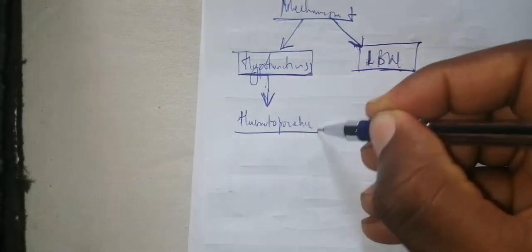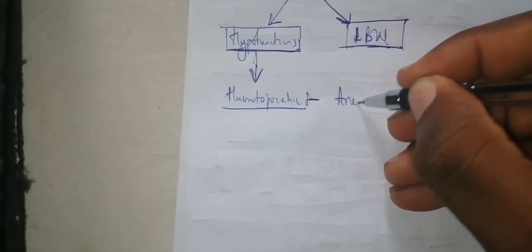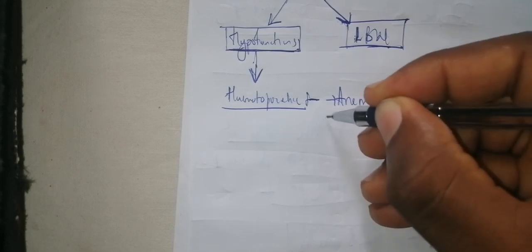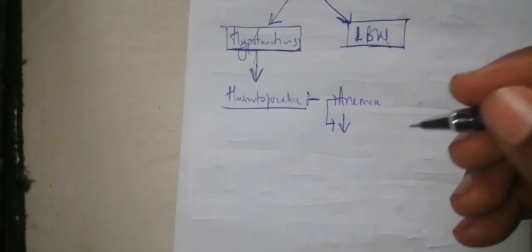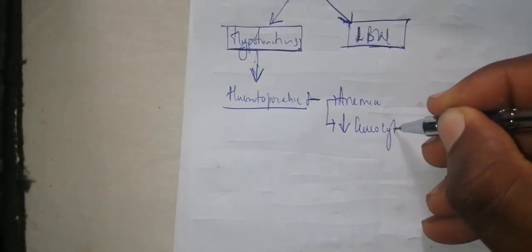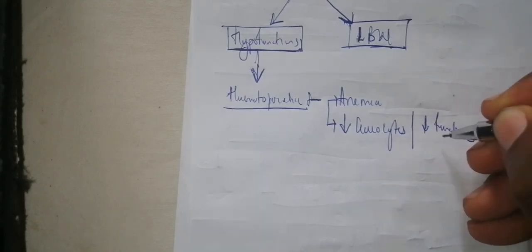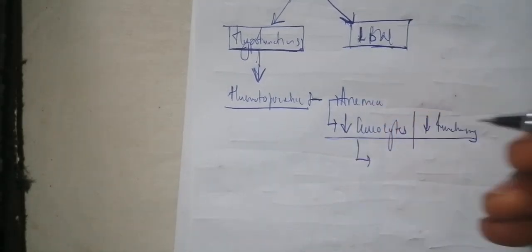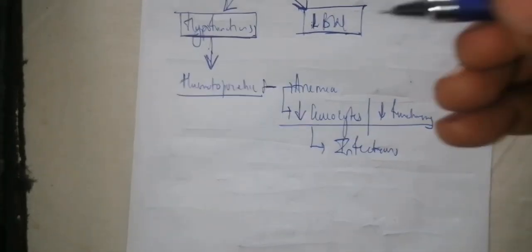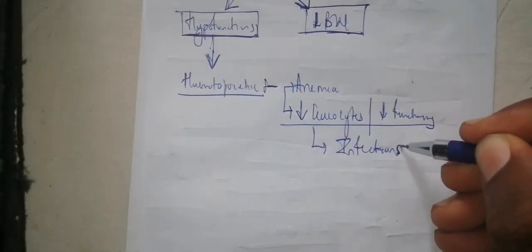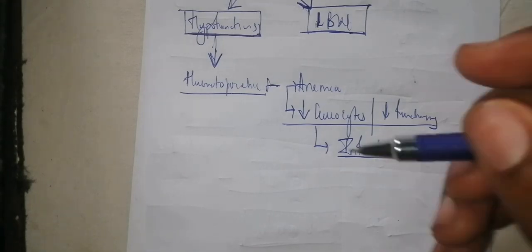In the hematopoietic system, there's going to be hypofunction that results in reduced production of red blood cells, which results in anemia. We have also reduced leukocytes in blood, or reduced functioning of the leukocytes. And that reduced function of the leukocytes makes children prone to infections. That's why you have to consider premature babies to be prone to infection because of their reduced functioning.